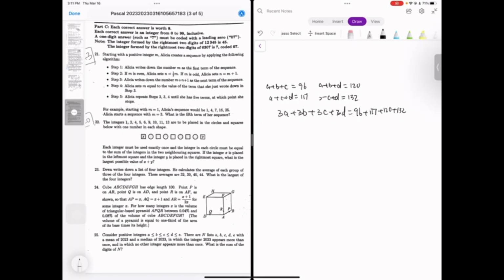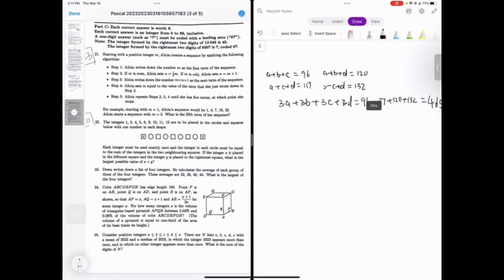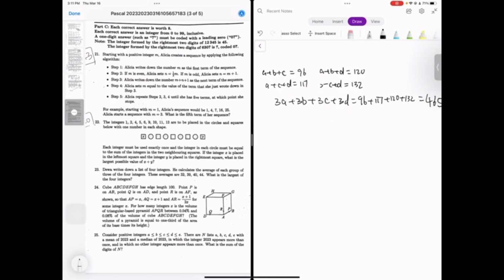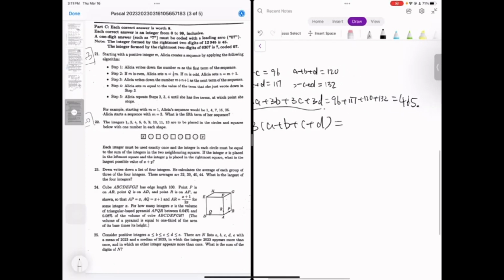And that is 465. So we know that this equals 3 times a plus b plus c plus d, and equals 465.